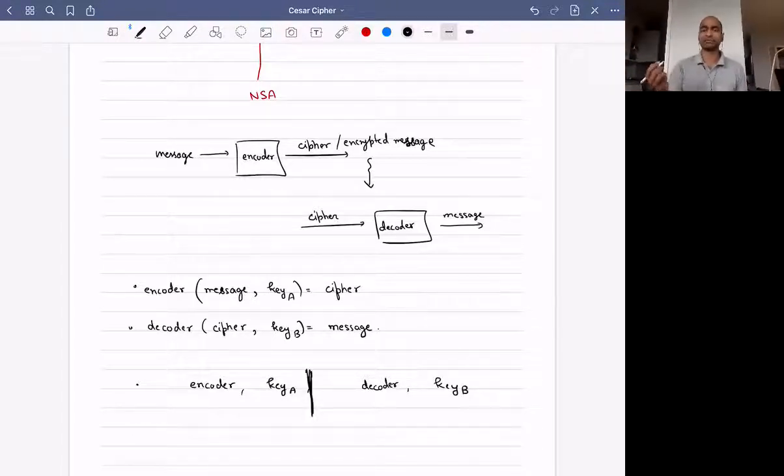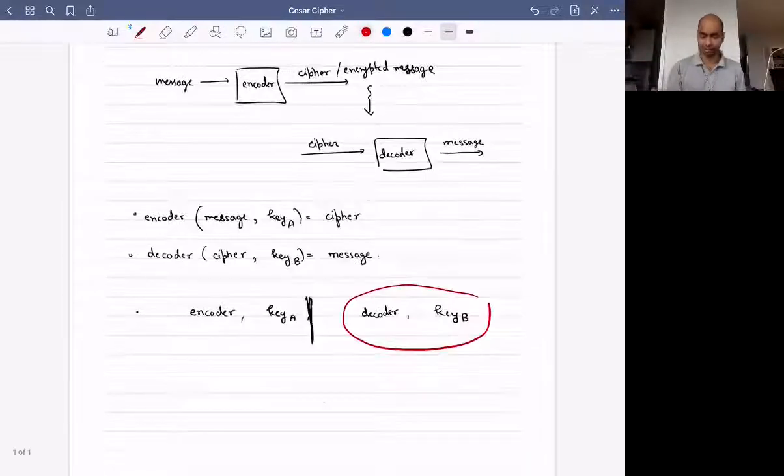If there is an adversary who's spying, then what they'll need from you is the decoder and key B. Unless they have these two things, they won't be able to decrypt the message. Now, I will say that typically the encoder and decoder part is usually well known.